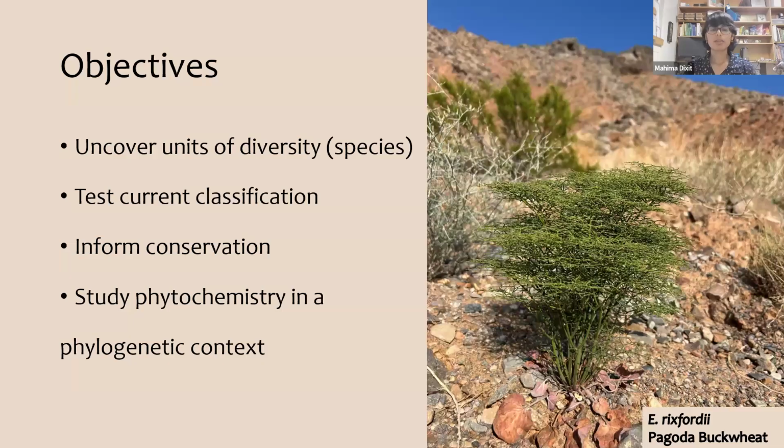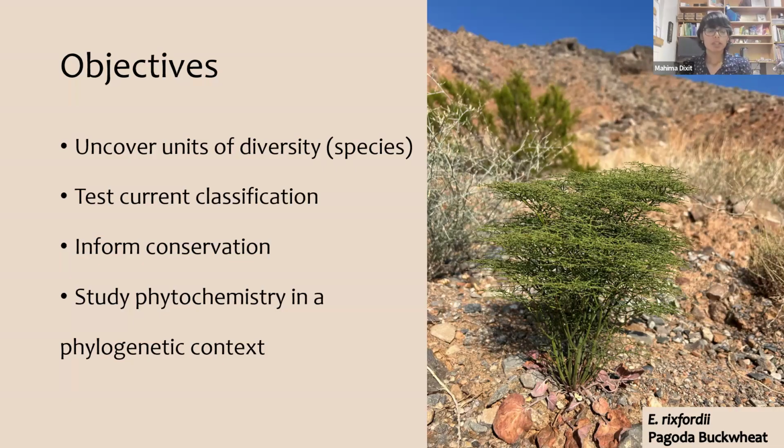And this is because a lot of times plants and other organisms are classified based on just morphology or how things look. But recent molecular studies, genetic studies, are showing that when you sequence their DNA, there's more diversity than is being counted for when you're just looking at morphology. So I'm using what is called phylogenetics, or looking at relationships based on genetics, to see if these hold up.